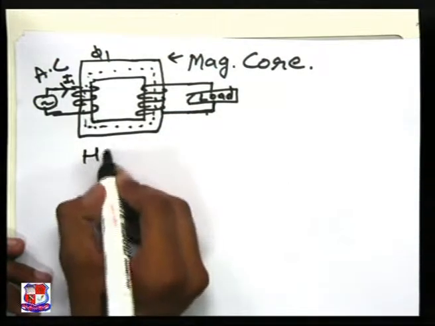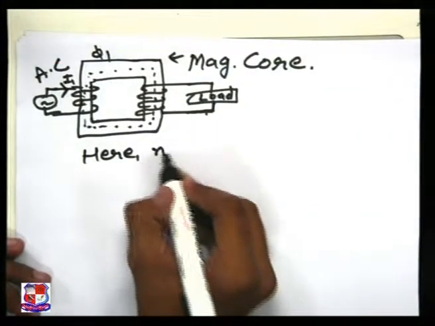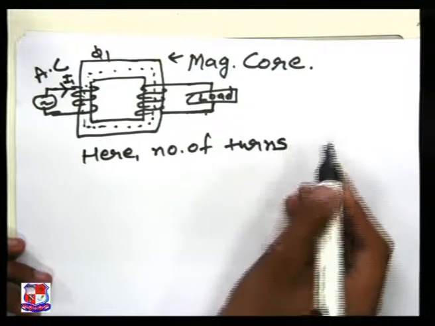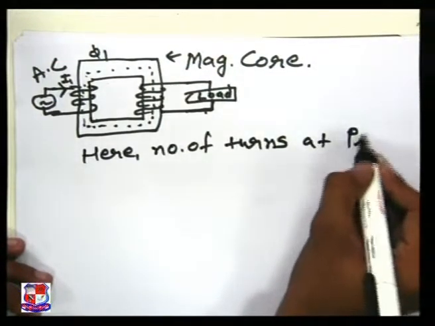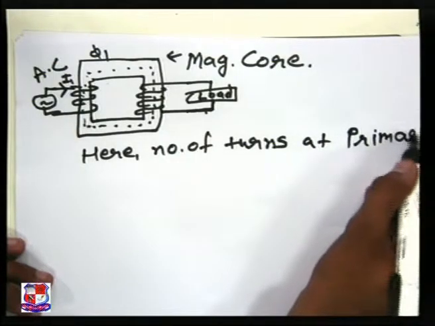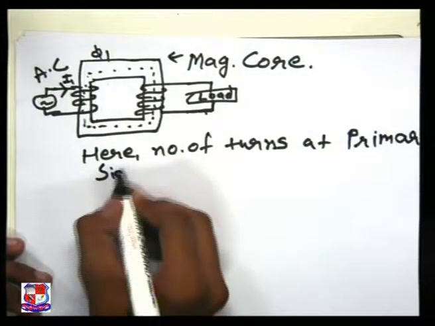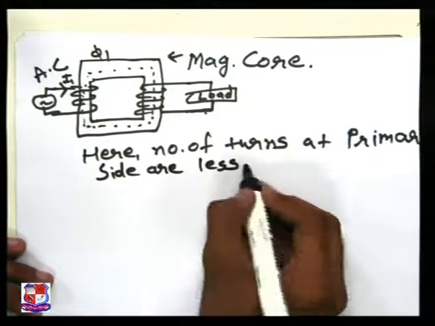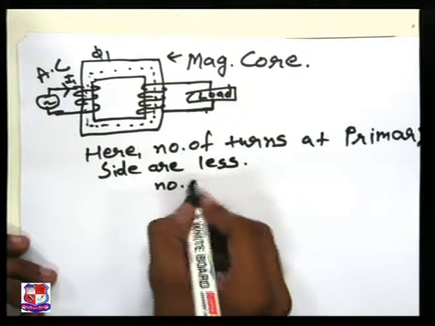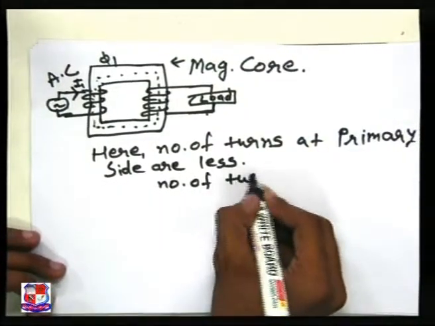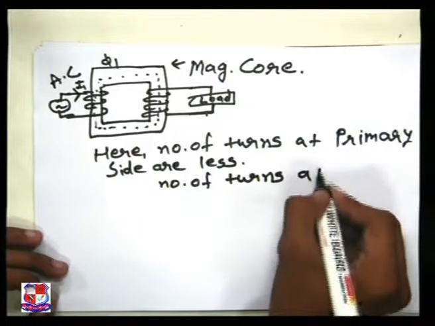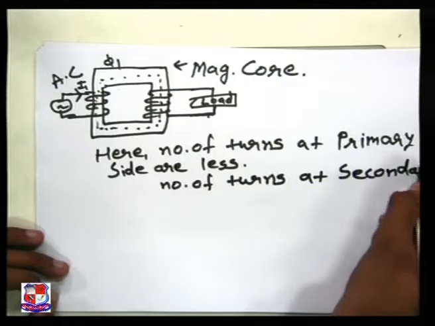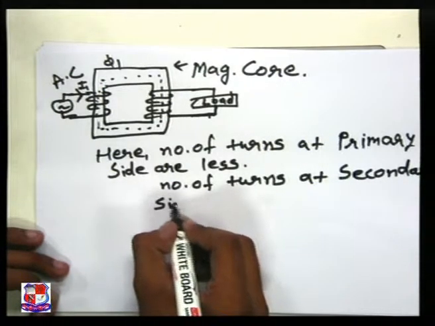Here we can see the number of turns at the primary side are less, and the number of turns at the secondary side are more.